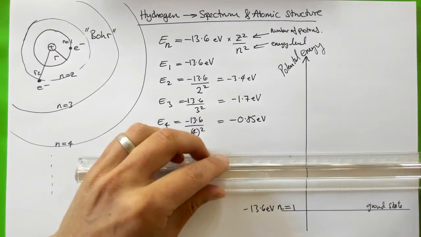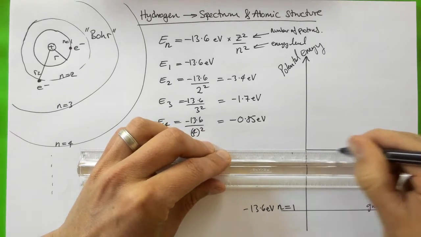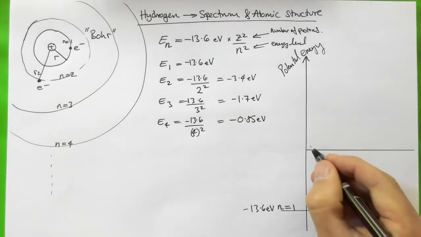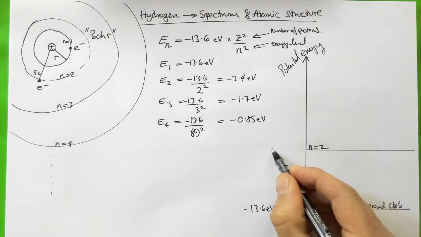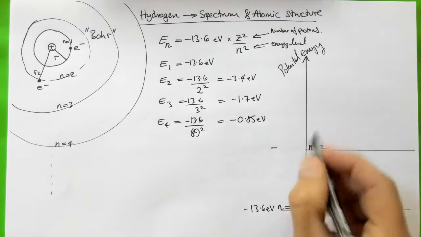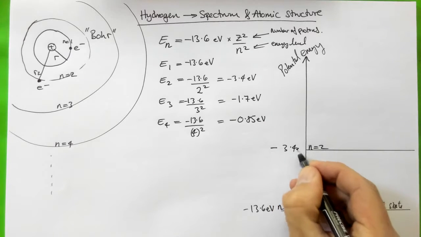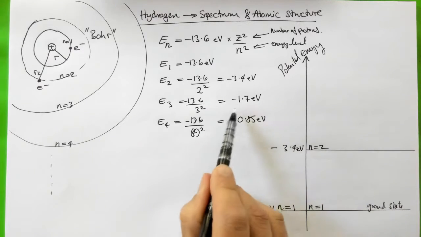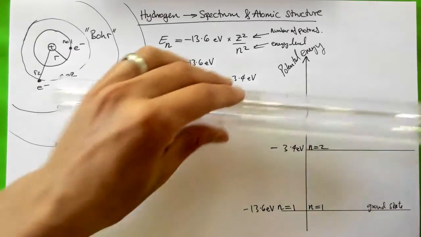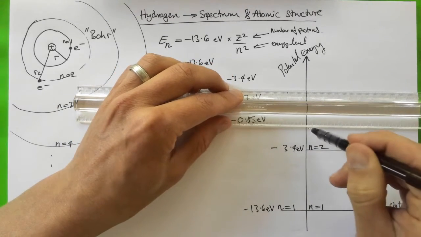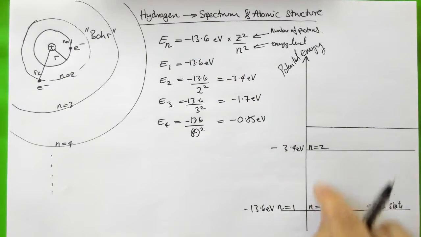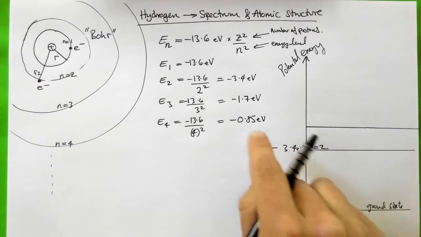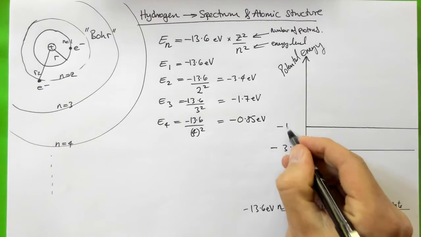Then let's draw a line for the n equals 2 state, which is called the first excited state, at minus 3.4. The third state is at minus 1.7. I'm not making an effort to draw a really accurate diagram, but you can see that the gap between minus 13.6 and minus 3.4 is much bigger than the gap between minus 3.4 and minus 1.7.